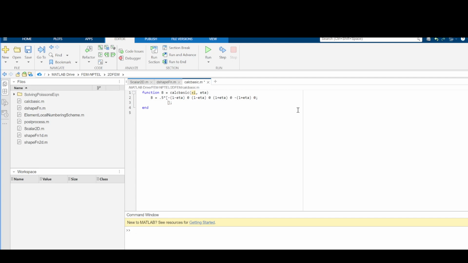Then we have 0, 1 minus 1 minus xi, then we have 0, then minus 1 plus xi, 1 plus xi, then we have 0, we have 1 minus xi.